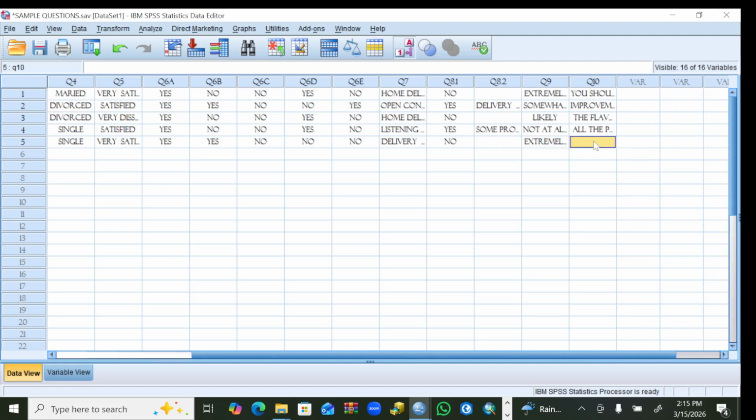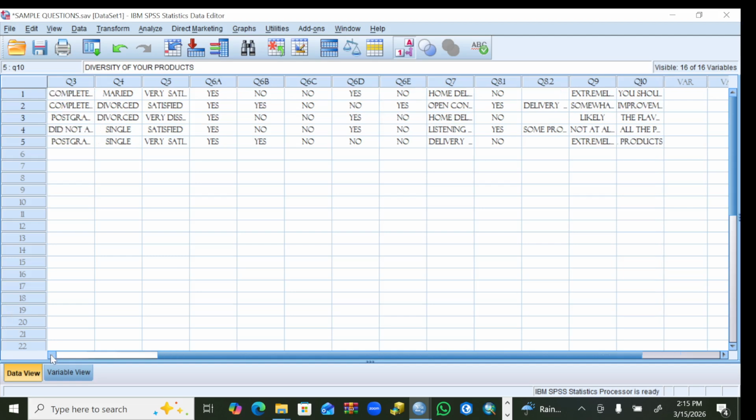Question number 10 is asking about what improvement or additional feature would you like to see in future? So we say, we talk of diversity of your product. You have to diversify it. There should not be only tea, coffee, and all that, but you have to bring some other products.